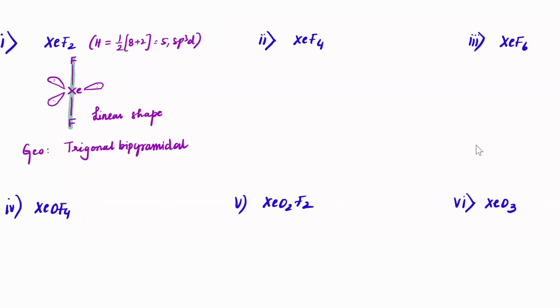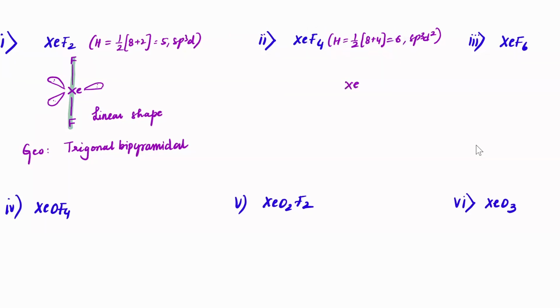Next, XeF4. Half into 8 plus 4, 12, which is 6. That makes it sp3d2. Again, 6 orbitals, but only 4 connections.